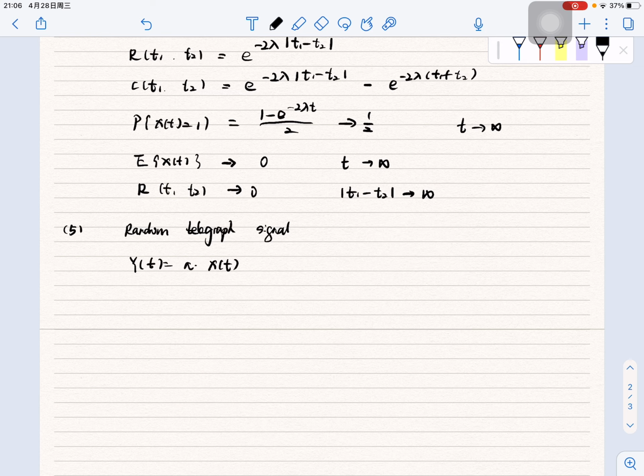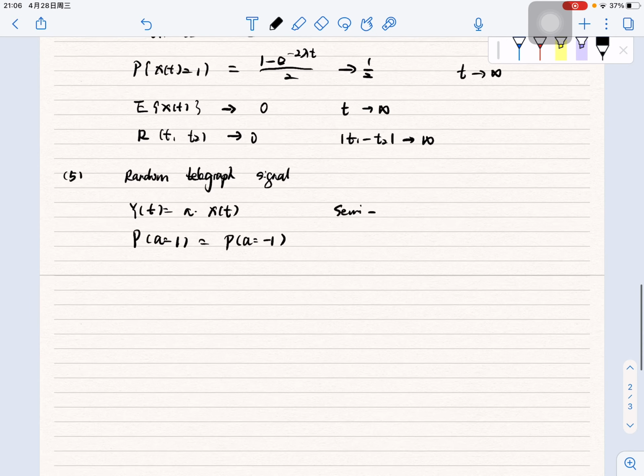Here X(t) is a semi-random telegraph signal, and the probability of A equals 1 and A equals minus 1 is equal, each 1/2. And we can find the first order probability mass: P(Y(t) equals 1) equals P(Y(t) equals minus 1) equals 1/2.